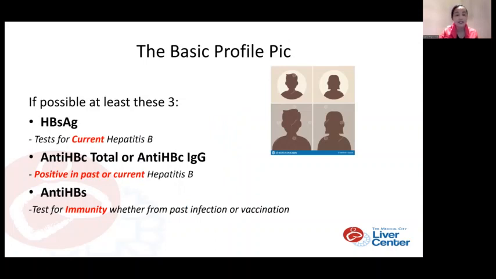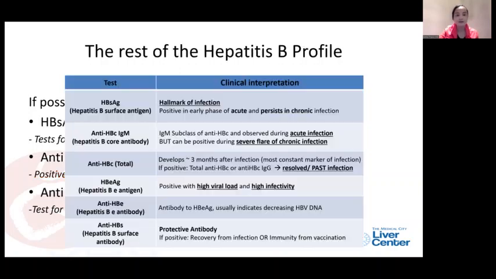For S antigen, so HBsAg, if this is positive, this means you have current hepatitis B, while your most durable marker is anti-HB core total or IgG, because this will be positive in either past or current hepatitis B infection, while anti-HBs tests for immunity, whether from a past infection or from vaccination.